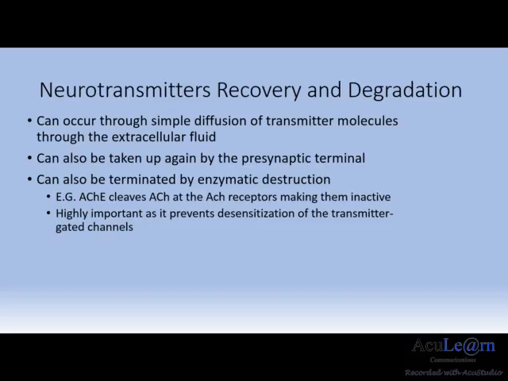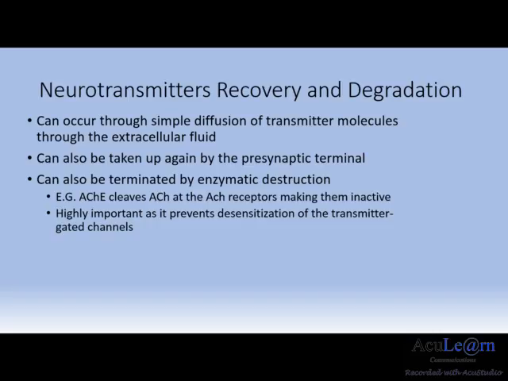Another way is through reuptake by the presynaptic terminal through the action of neurotransmitter transporter proteins. Following that, they are either loaded back into the synaptic vesicles or degraded by enzymes and the waste products recycled.